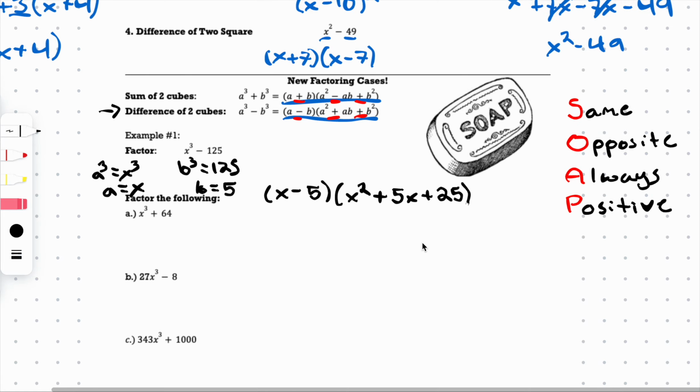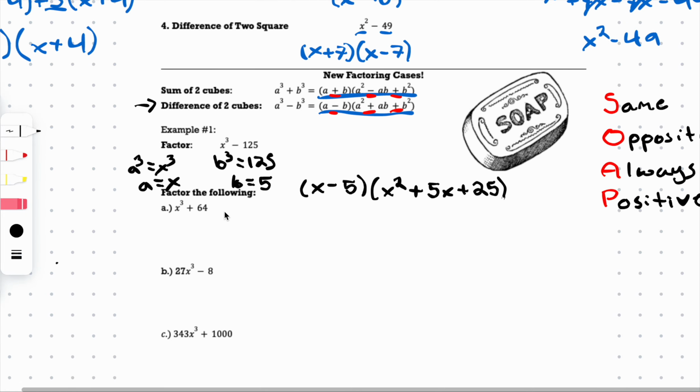Let's do that here with the sum of two cubes in example A. So what's a equal to? A is equal to x. What's b equal to? Well, b is equal to the cube root of 64, which is just going to be 4. So we want our factored form to be x, same sign, plus 4.